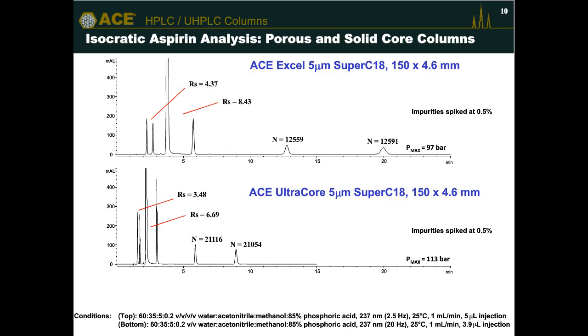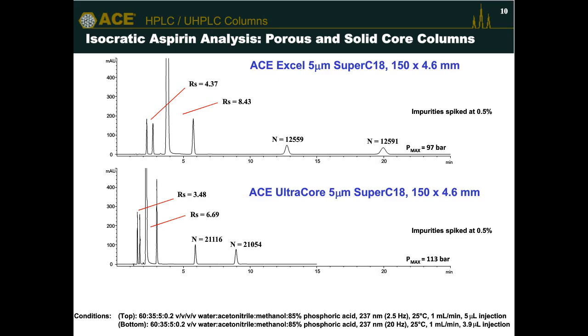And what you can see is a reduction in runtime. So my initial method at the top, the last peak comes out at 20 minutes. The new method on a solid core equivalent column comes out at about 9 minutes. And the efficiency of those later eluting peaks, in this case it's an isocratic method, is much higher, nearly double the efficiency of that final peak in the chromatogram.